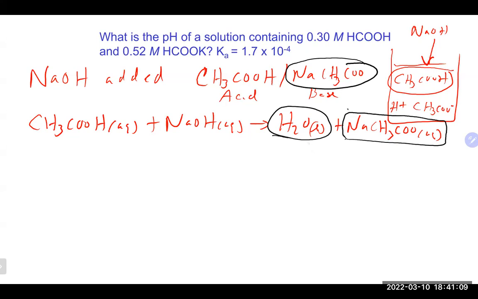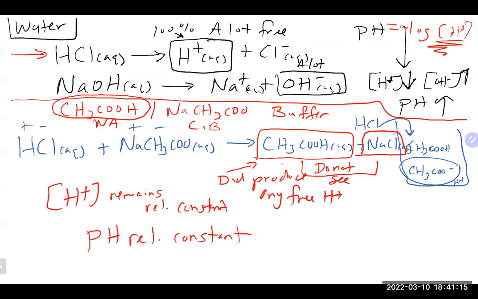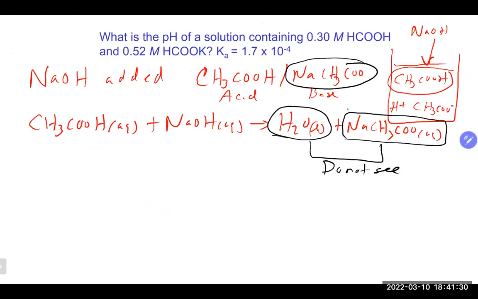But again, it is what we actually do not see on this side that we did see on the previous page when we added the sodium hydroxide to water. When we added sodium hydroxide to water, what did we see get produced? Yeah, we saw hydroxide get produced. When we add that same sodium hydroxide to our buffer, we do not see any free OH minus being produced.